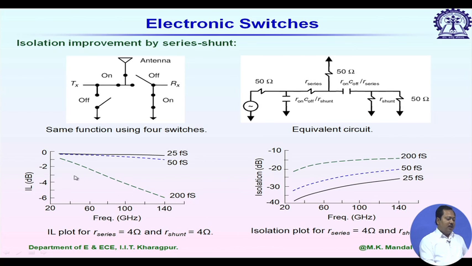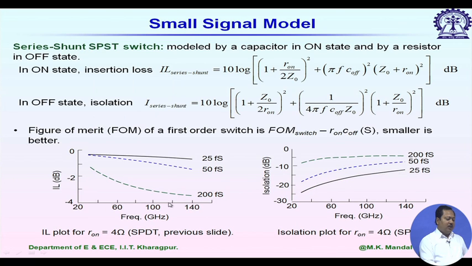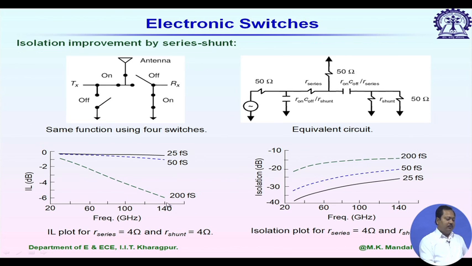For this one, at 140 gigahertz the insertion loss is almost 6 dB. Now if I compare this with the previous case, with R on equal to 4 ohm, you can see the insertion loss at 140 gigahertz is approximately 3.5 dB. So in series-shunt configuration the insertion loss increases.